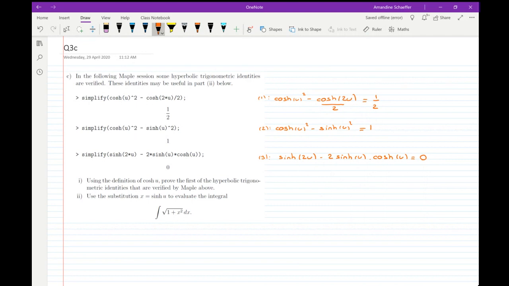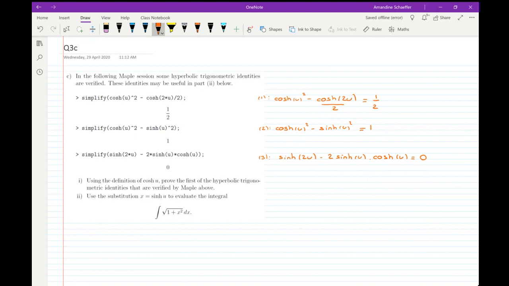The second one is the famous one with the hyperbolic cosine and hyperbolic sine, which we call sinh: cosh squared minus sinh squared equals 1. And the last one is the double angle formula for hyperbolic functions: sinh of 2u minus 2 sinh u times cosh u equals 0.